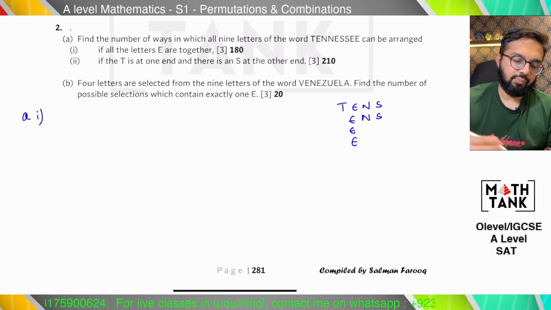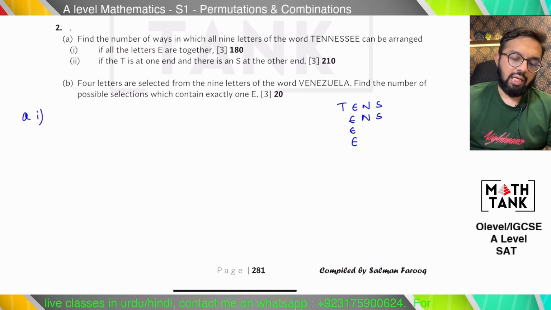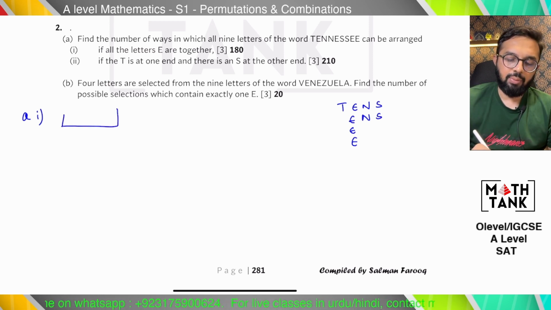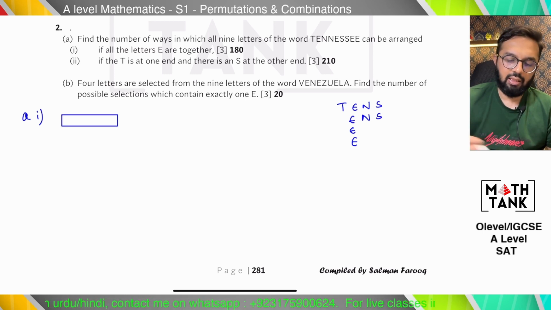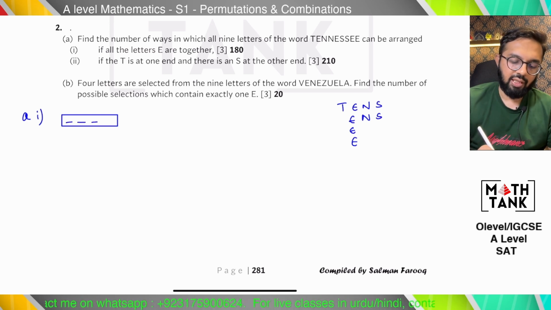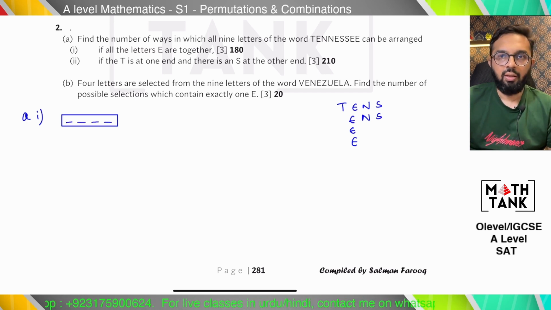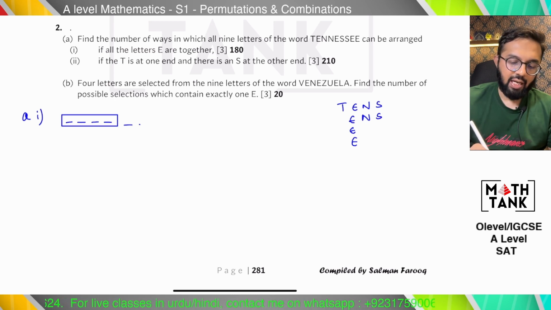Now, if all the letters E are together. Remember that whenever you want to keep something together, you make a box and decide how many elements are there inside the box. You said all the letter E's are together, so there are 4 dashes inside the box, and the other 5 dashes are outside the box.